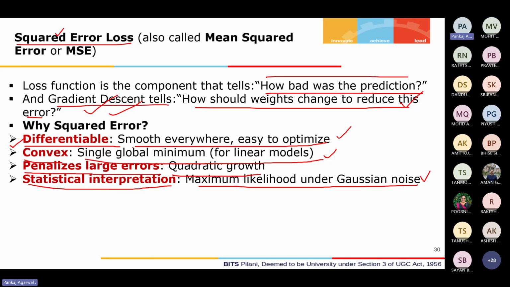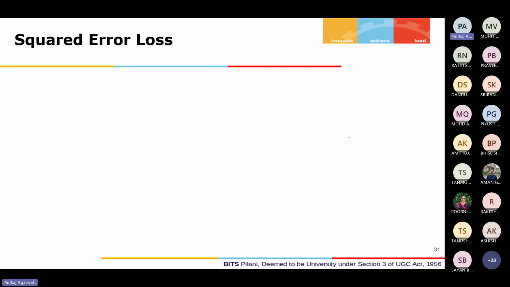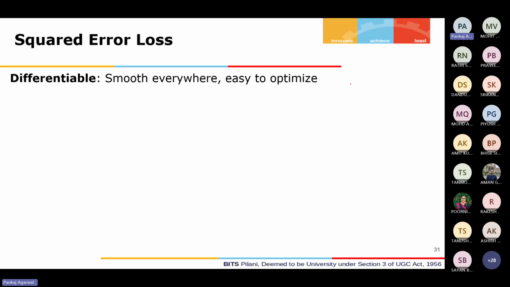So if anyone asks you why you prefer squared error, it is not only that we want to penalize large errors. First of all, it is differentiable, it is convex, and there is a statistical interpretation as well. We'll explain each thought process separately. So let us talk about the differentiable one, why it is differentiable and how it is useful. Can you hear me? Is the voice coming?